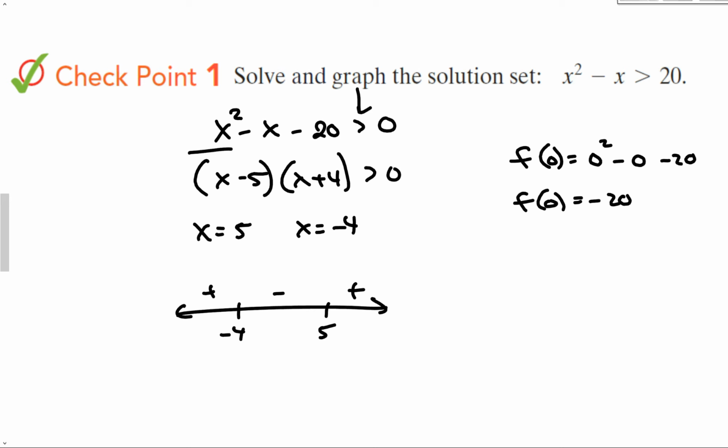I want the place where this function is positive. So my answer is from negative infinity to negative 4 union 5 to infinity. And notice I'm using parentheses because it says greater than. If it was greater than or equal to, then I would use brackets. Okay?